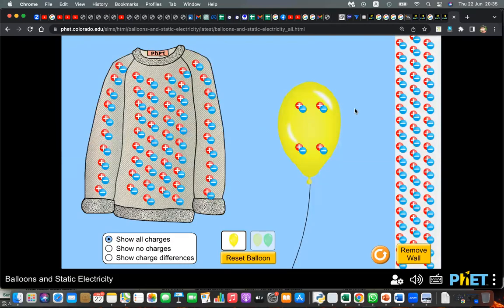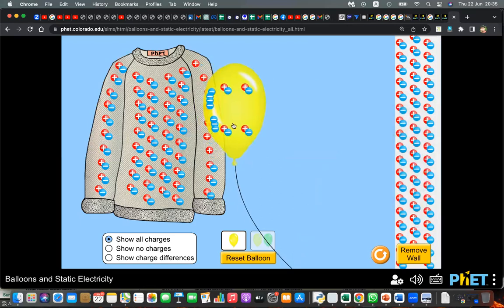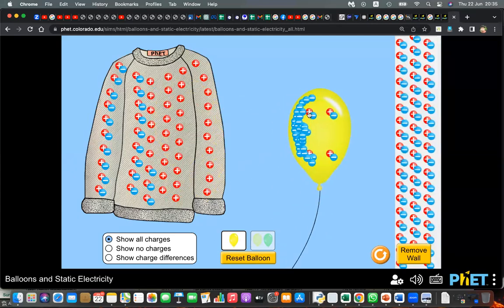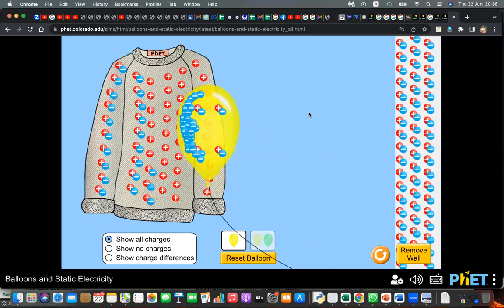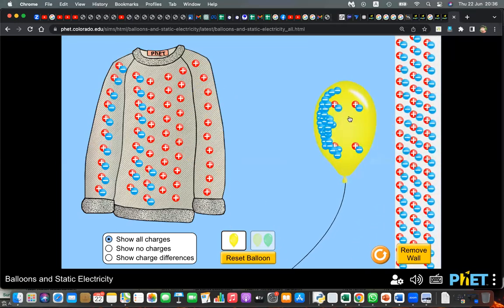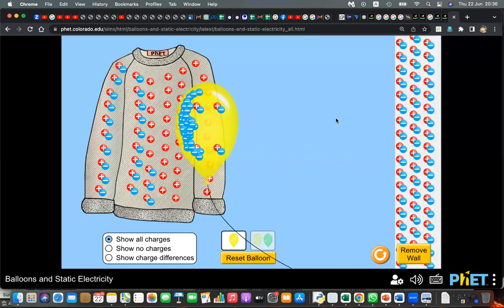When you rub this against this cloth, you can see these negatives are collected on one side and positives are collected on one side. After rubbing for a certain time, you can see it attracts. Negatives and positives attract, and negatives and negatives repel. So that we have learned as static electricity.